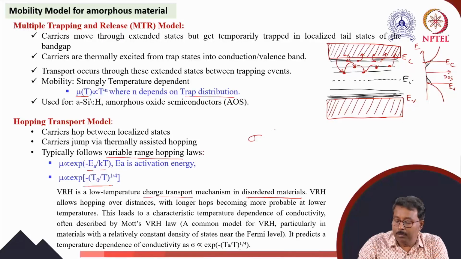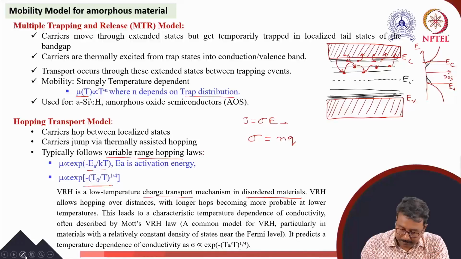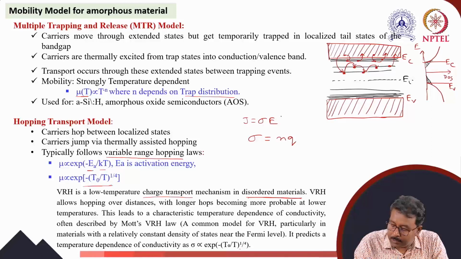How is sigma related to mu? Sigma is the conductivity. It starts from J equals sigma E, sigma times the electric field, where sigma is n mu n. You can also write J equals n q v, v drift average for an n-type carrier.